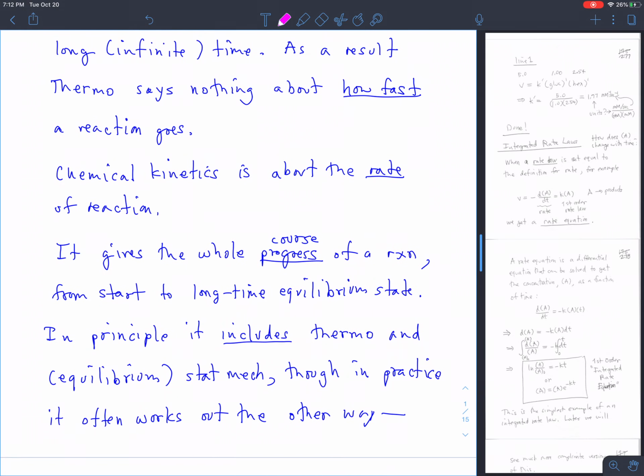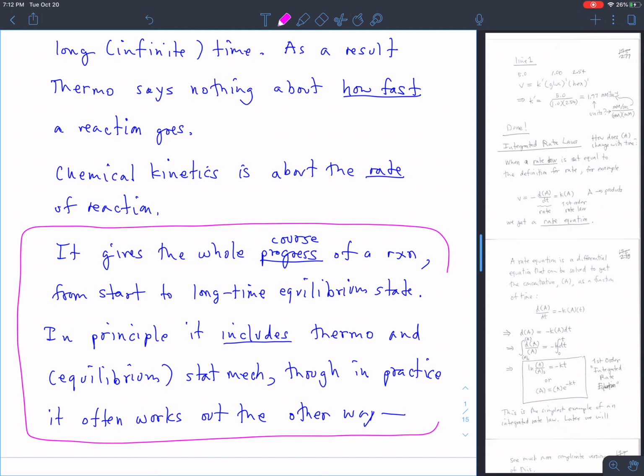One of the things about chemical kinetics that is new, among many others, but maybe one of the more fundamental things, is that whereas equilibrium stuff like thermo and stat mech only tells you about the beginning state and the equilibrium state that you end at, kinetics gives you the whole progress of reaction.